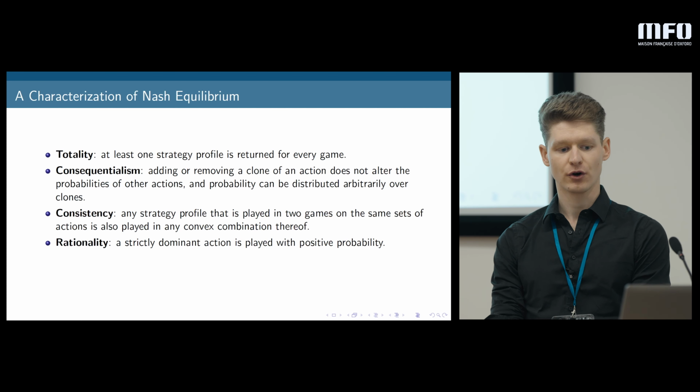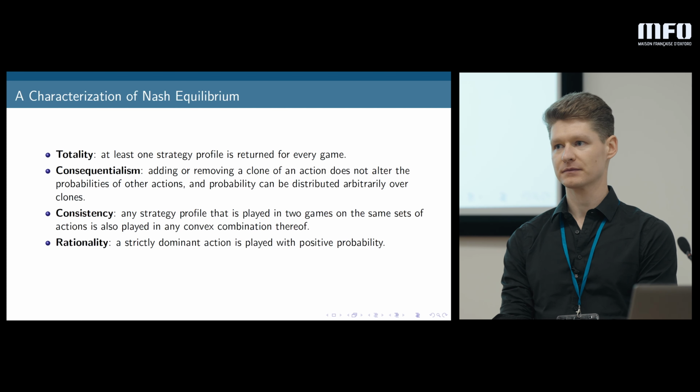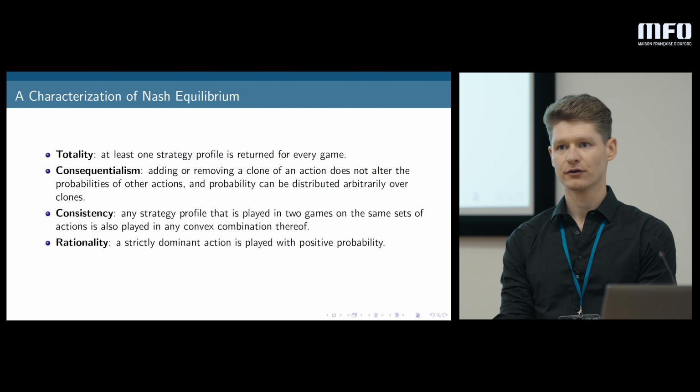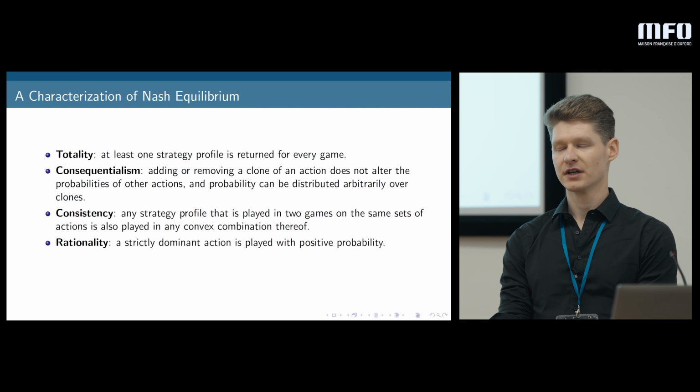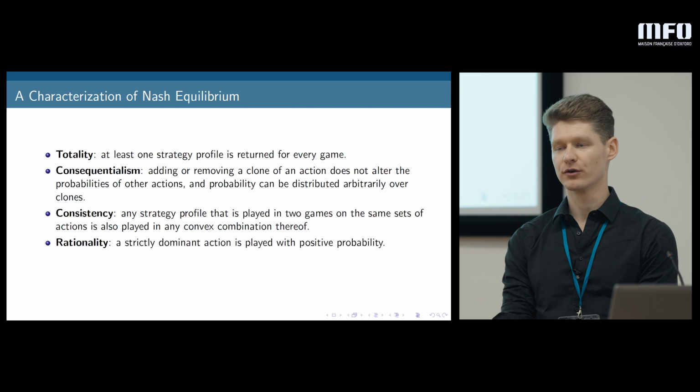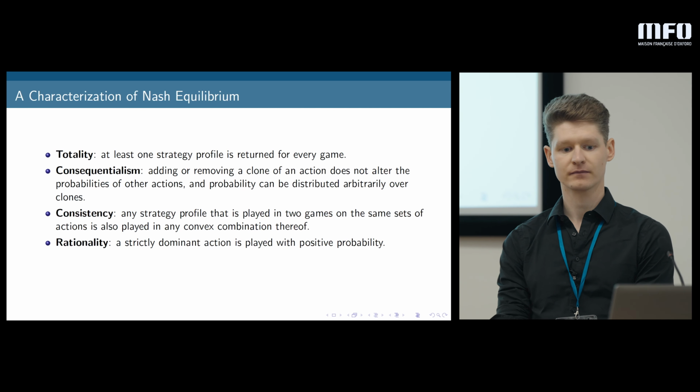This axiom talks about clones of actions, where two actions are clones if they are payoff equivalent. If you think of bimatrix games, then it would be two identical rows or columns in this matrix. So these are actions that are really only distinguishable by their label.